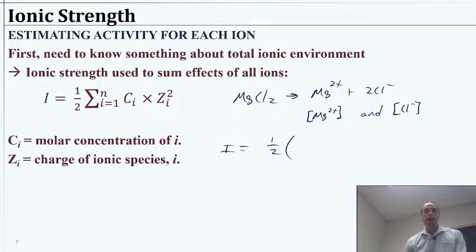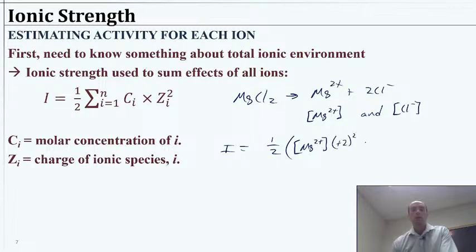So in this case, this is going to be 1/2 times the molar concentration of magnesium, times its charge, which was +2, squared. And then we are summing all of them together, so we're adding the next one in line. Next one is chloride. So we're going to add the chloride concentration times its charge, which is -1. But we're going to square that, so it's just like multiplying by 1.